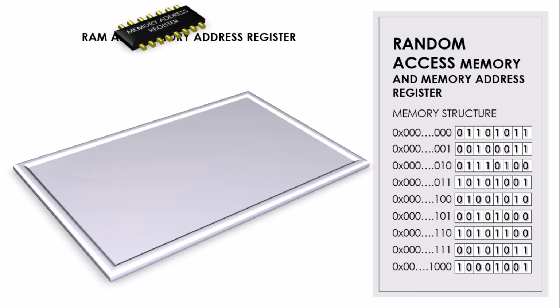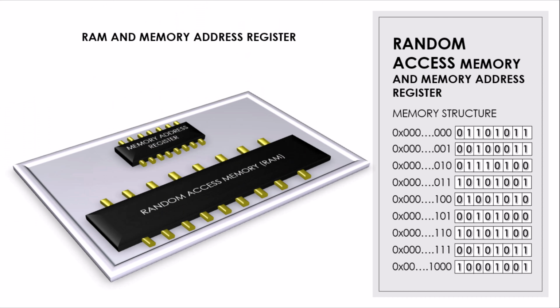Here we have the RAM and the memory address register. Whether you're talking about virtual addressing, caching, or memory mapping, these concepts all refer directly to the functionality of the RAM. The RAM here is a temporary storage device where data and instructions are stored while the CPU is processing data. We refer to it as random access memory because of the multiple reads and writes done by the CPU while executing instructions.